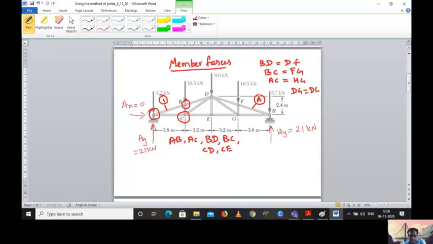All these related forces I can easily calculate. Now, as we discussed, we are going to see the first joint, that is joint A.